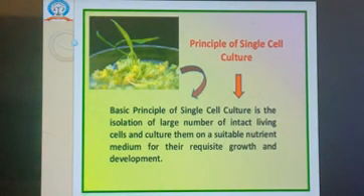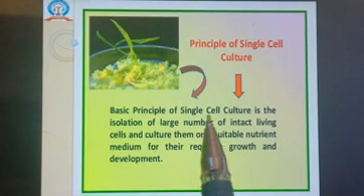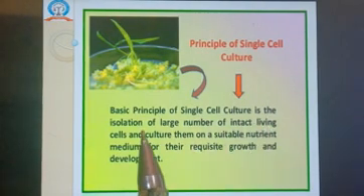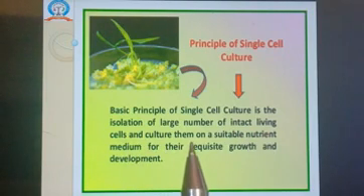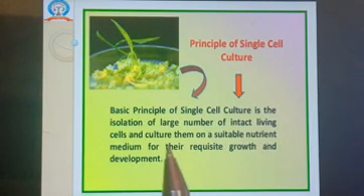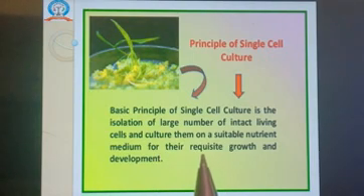In the principle of single cell culture, why are we using the single cell? Because the basic principle of single cell culture is the isolation of a large number of intact living cells and culturing them on a suitable nutrient medium for their requisite growth and development.